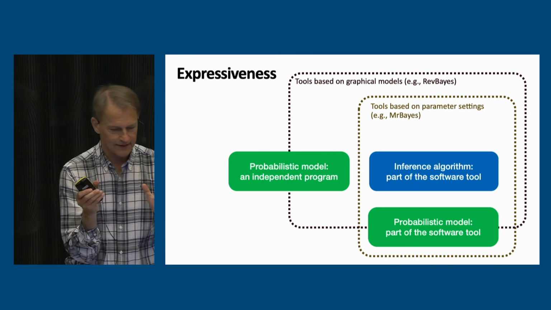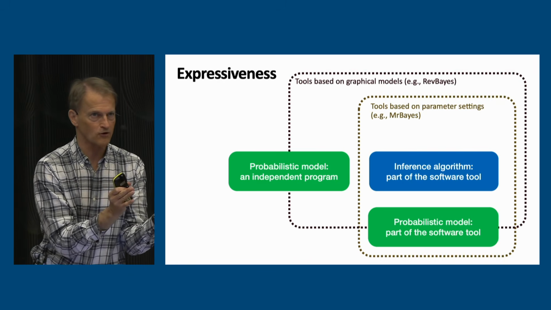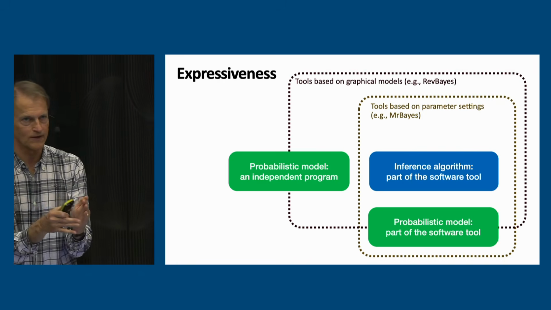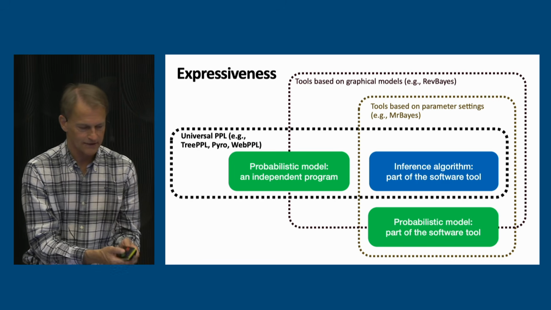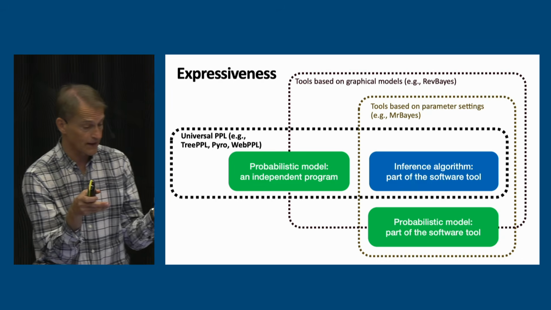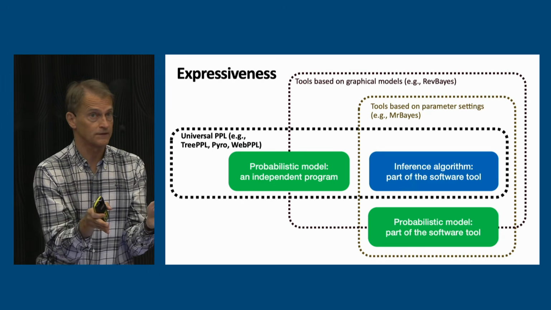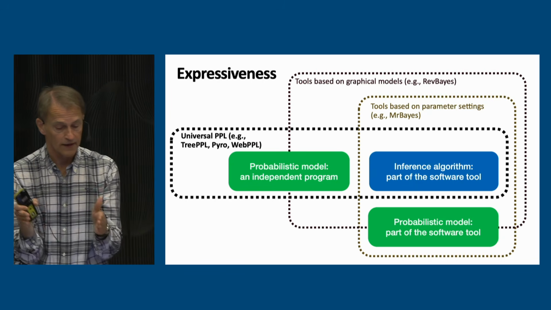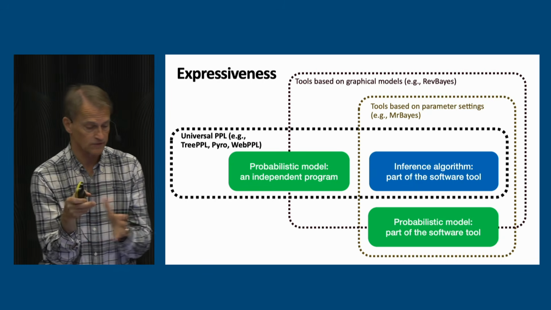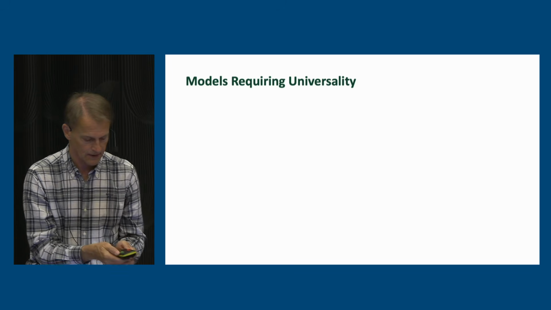So in RevBayes, I tried to describe how we give the user complete flexibility over parts of the model, but parts of the model we still need to implement in the back end in RevBayes. And in universal PPLs, really the idea is to completely separate the description of the model as an independent program, and then the inference algorithm is a separate thing, completely separate.